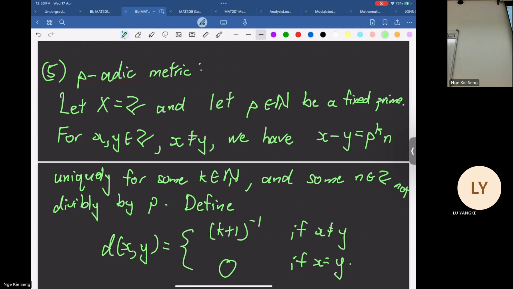Makes sense? At first they are very large, but after this p-adic metric, the distance becomes small. How can you pull out a lot of p? You have to at least make sure this difference is very big. Okay, so remember how you construct the reals? How do you construct real numbers?